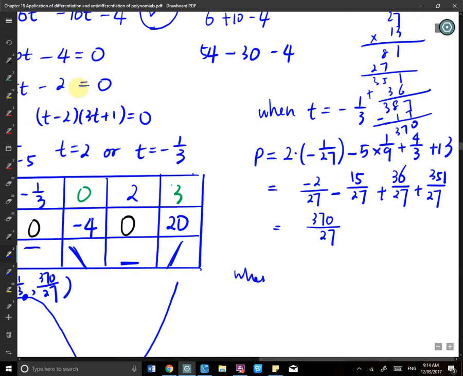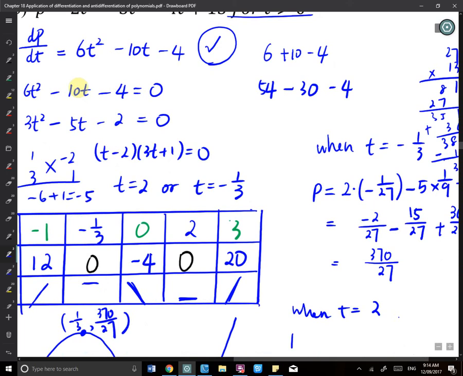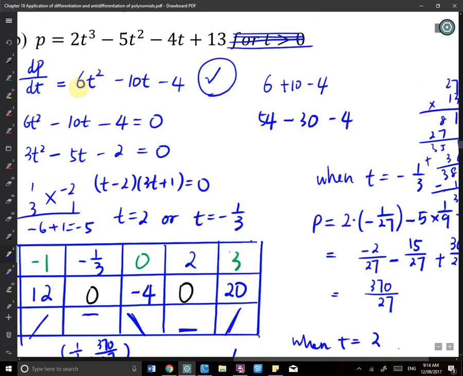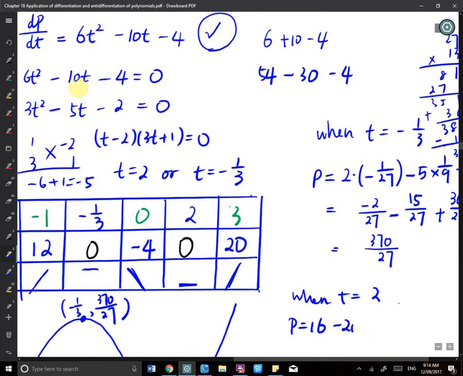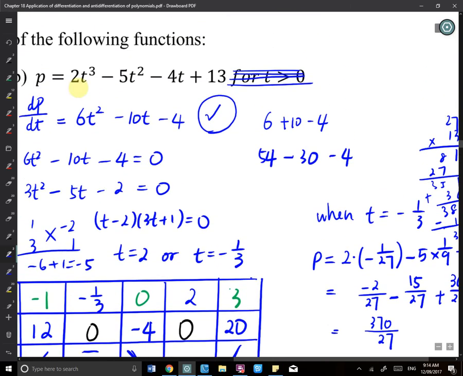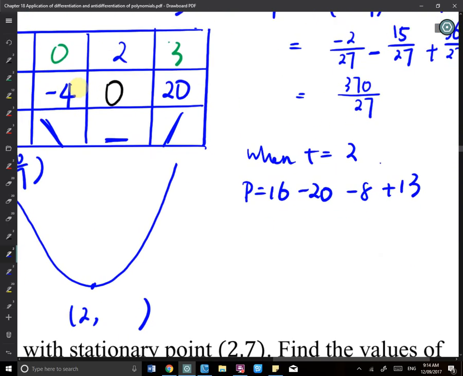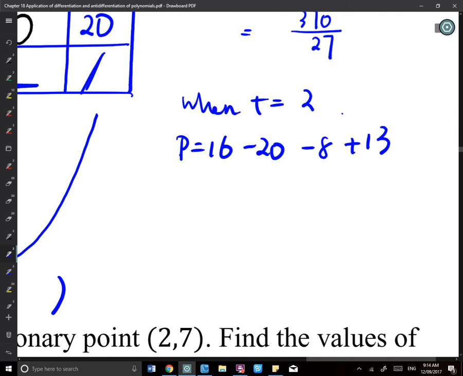And I will say when t equals 2, because 2 is another stationary point, p equals 16 minus 20 minus 8 plus 13. Okay, p equals minus 4 minus 8 plus 13.